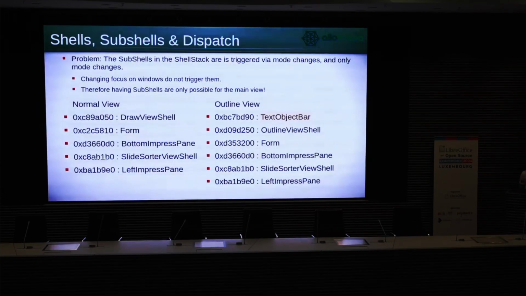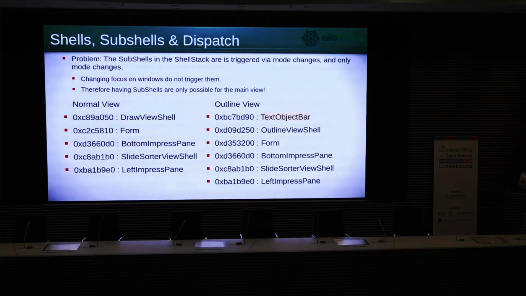I wanted to use the subshells in the shell stack for the nodes pane because I didn't want to re-implement all of the text editing dispatch commands for this view shell. But it is only triggered via mode changes, and this was not going to work when you're just editing the normal slide and switching to the nodes pane below.